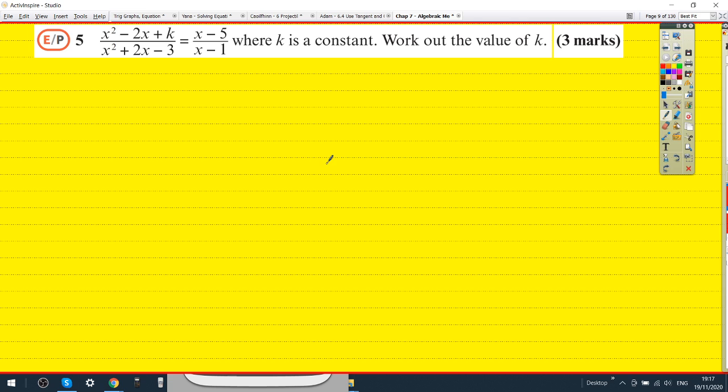Yep. So I got x squared minus 2x plus k over brackets x minus 1 brackets x plus 3 equals x minus 5 over x minus 1. Okay. Thoughts?